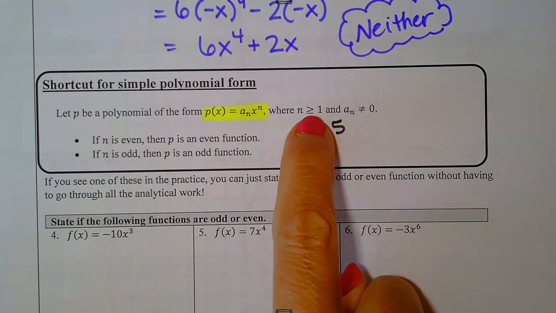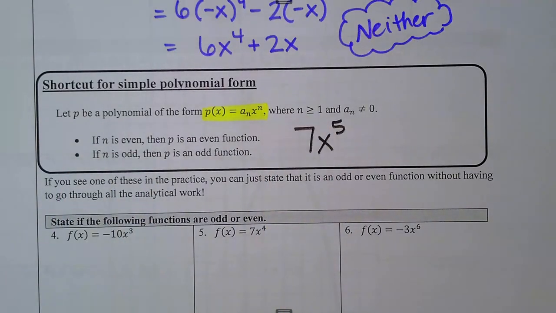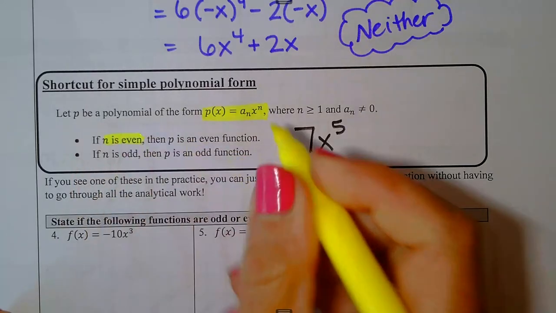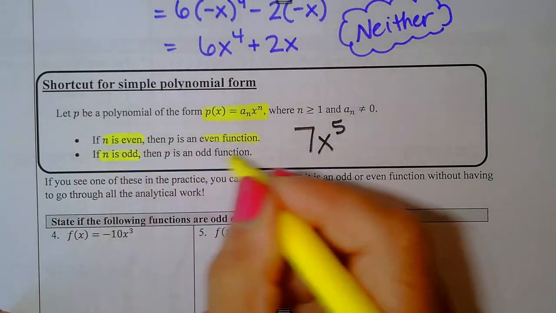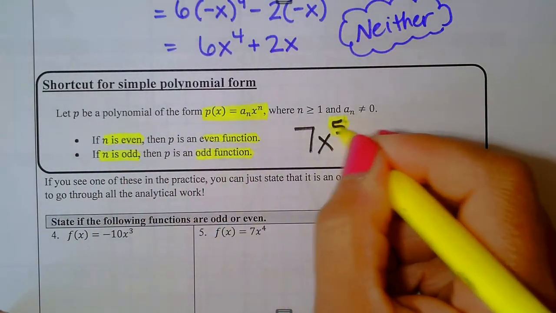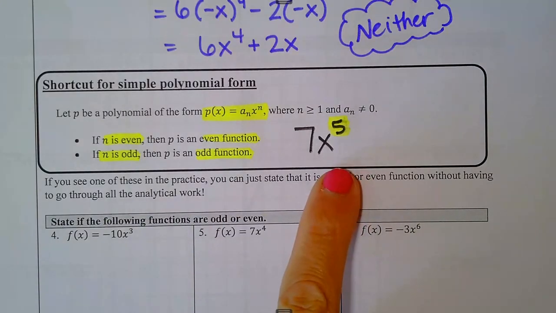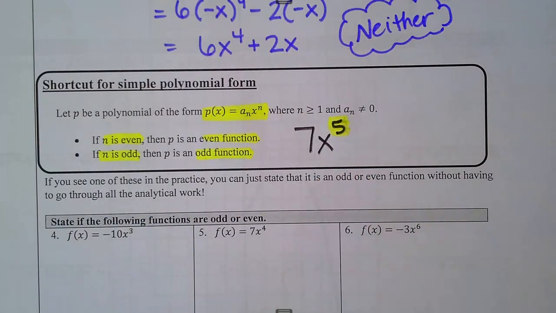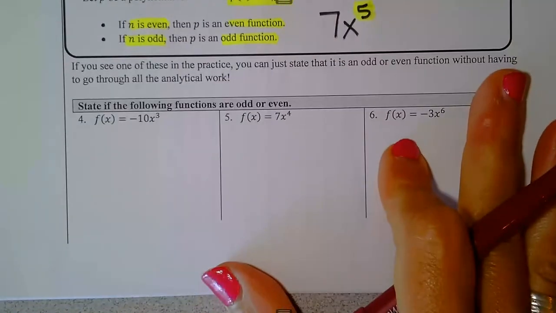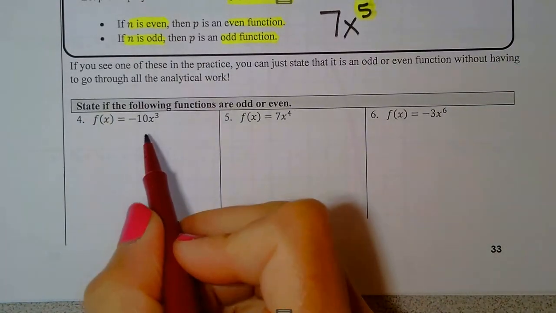When n is greater than 1, if n is even, it's an even function. If it's odd, it's an odd function. So this number right there determines your function. And it only works if it's a monomial. Okay? So what would this first one be? Odd. Why?